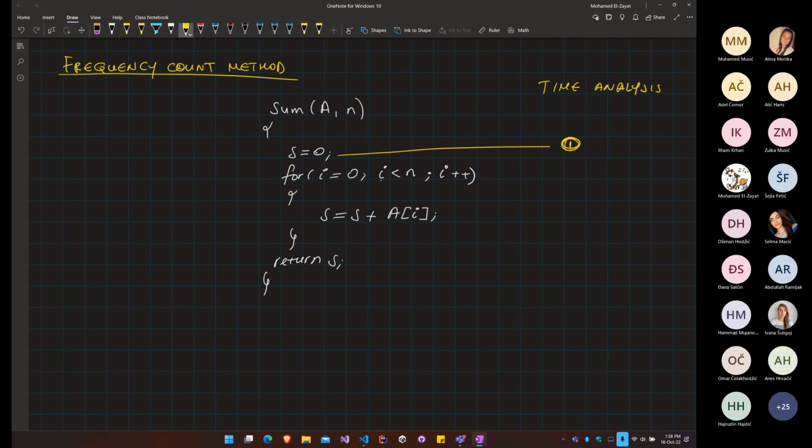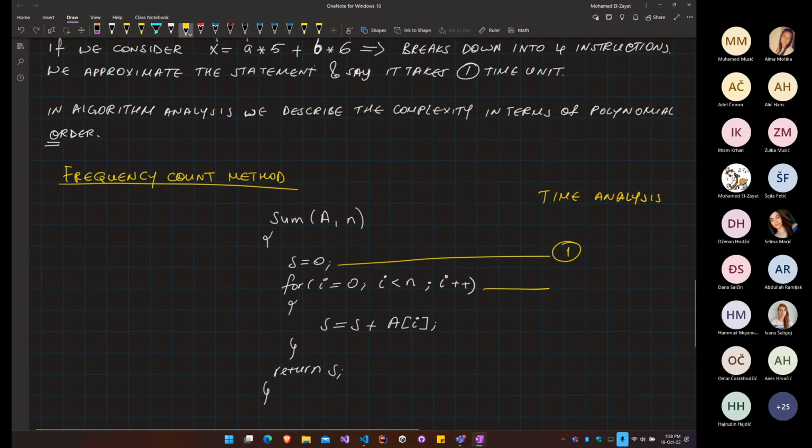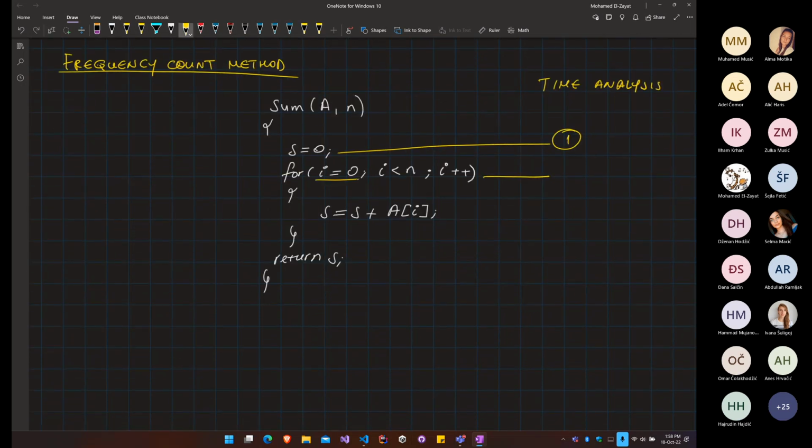Now let's discuss the cost of the for. Let's break it down, because this line of code is actually broken into multiple pieces, similar to here, but not exactly the same. So how many times does this run? 1. Okay. How many times does this run? Also 1? Nope, it cannot be.